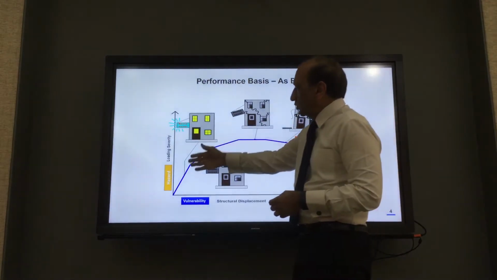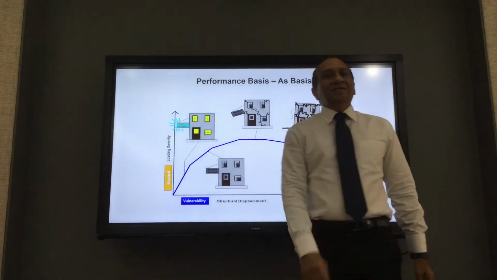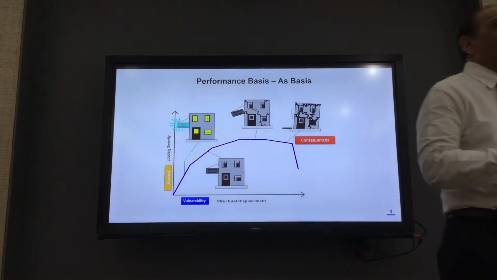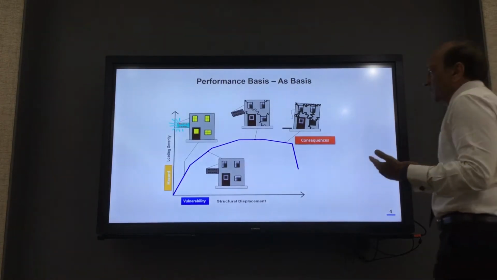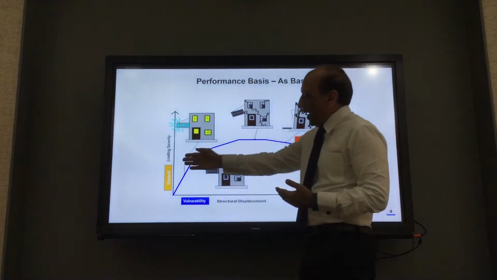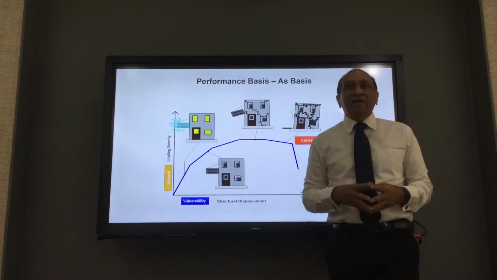That I want my structure to be here, here or here corresponding to a certain hazard level. So the relationship between hazard and performance and vulnerability, they are defined. So consequences and the hazard and structure's performance, they are linked together.